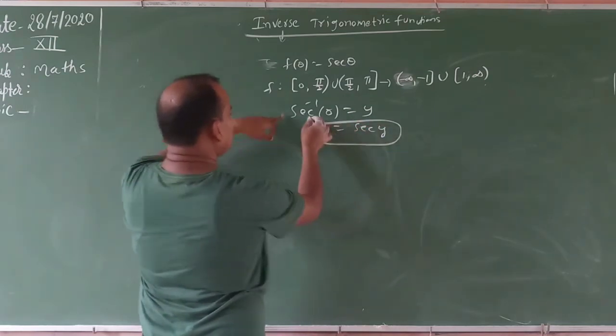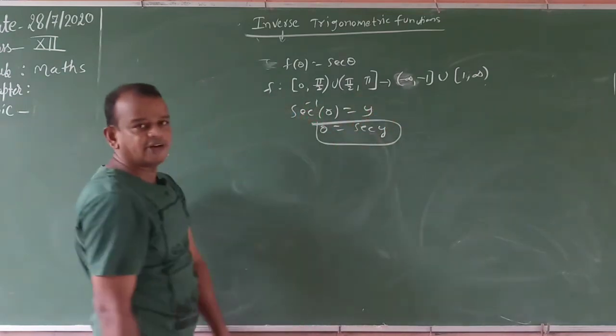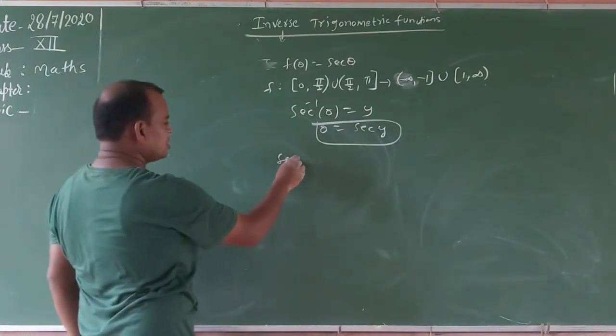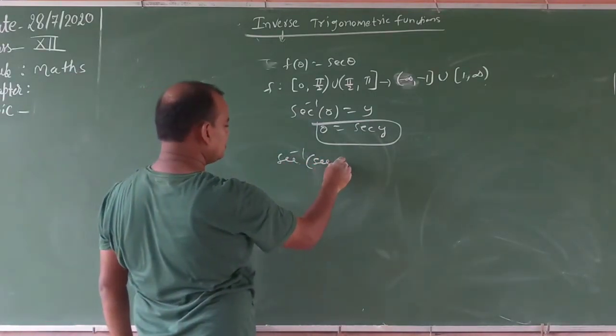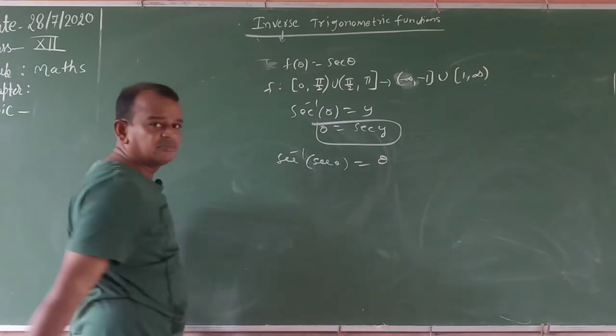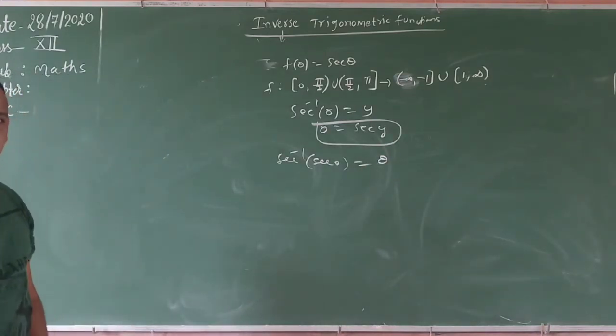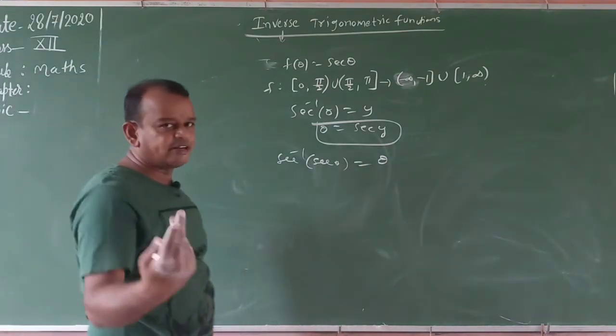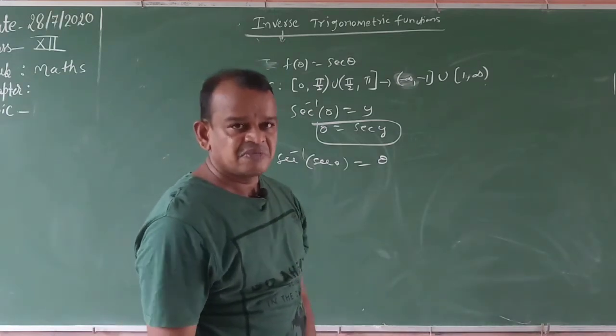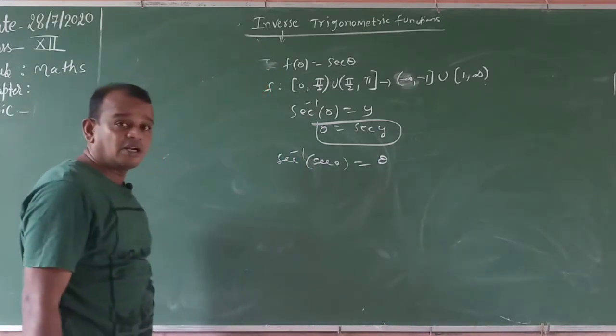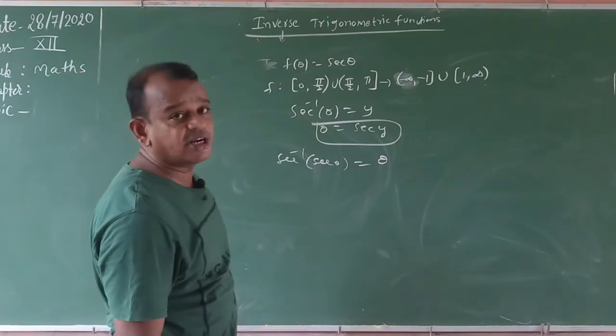Now inverse means we write in the reverse order. Secant inverse of secant theta equals theta. Same. Secant inverse of minus x means pi minus secant inverse of x. Next, last but not least, cosecant inverse of.